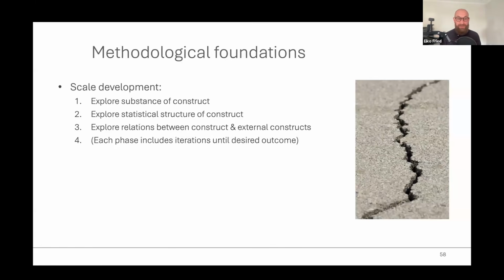First, you explore the substance of the construct. You can think of Cassidy's 1957 paper as something like this, right? He looked at people, it was fairly qualitative. Clinicians were involved, and we sort of walked around the construct and tried to describe it carefully. Then you explore the statistical structure of the construct using psychometrics or other tools.